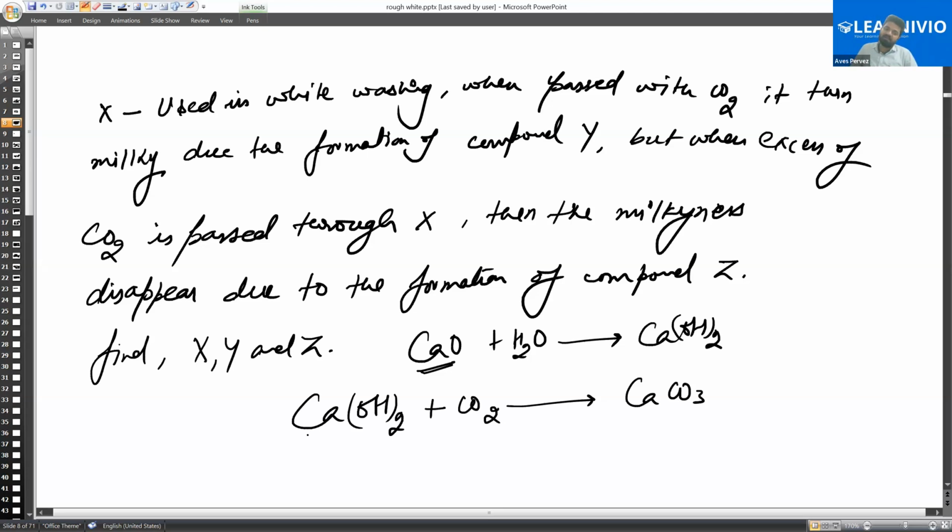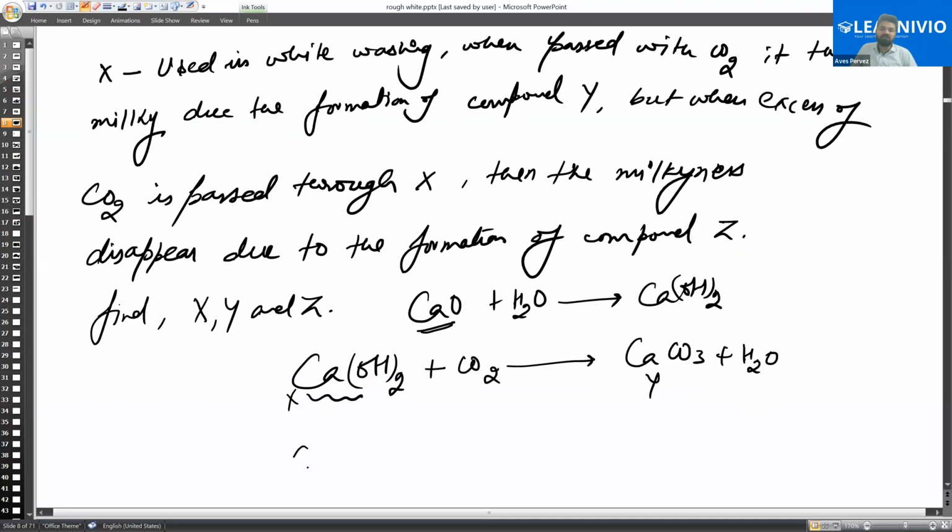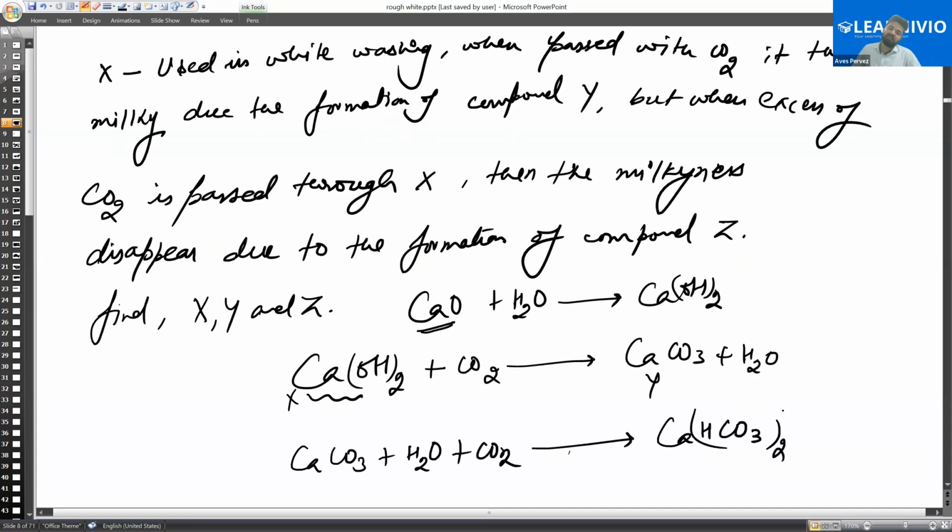But sir, even if we pass carbon dioxide gas to this lime water, you know that it turns milky, and water will form. But this is compound X, this is Y. Now when excess of CO2 is passed, this is very important. When you keep on passing, then it forms calcium hydrogen carbonate, Ca(HCO3)2. Why is it written in brackets like this?